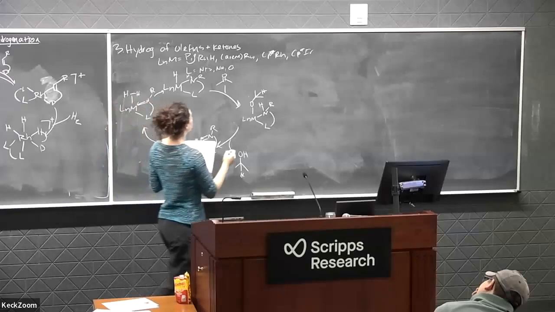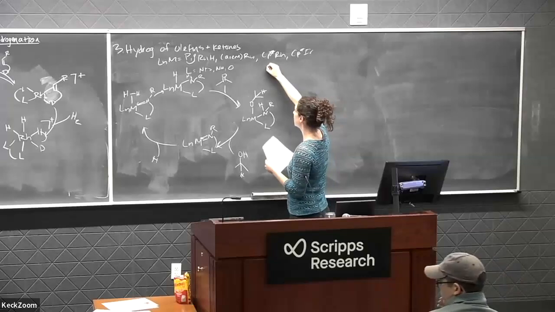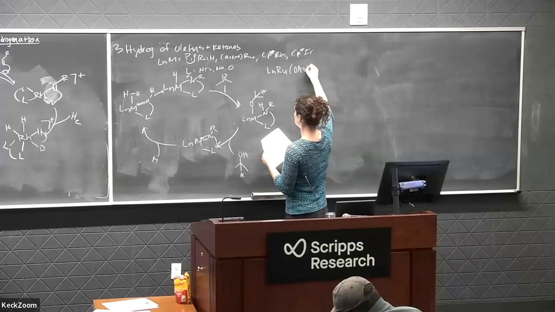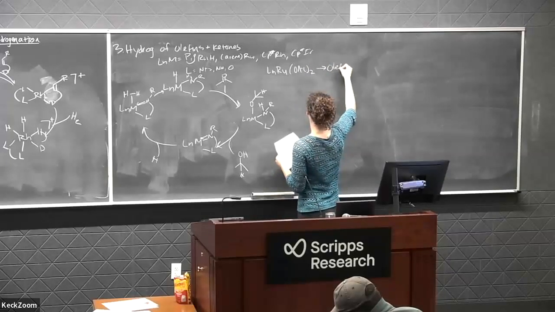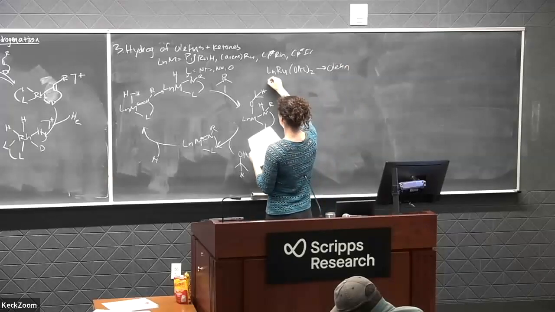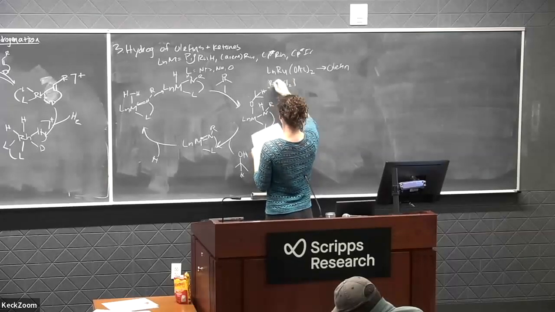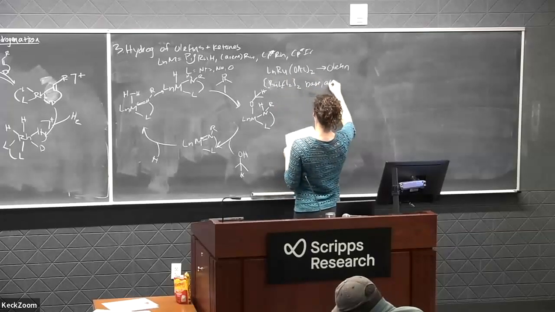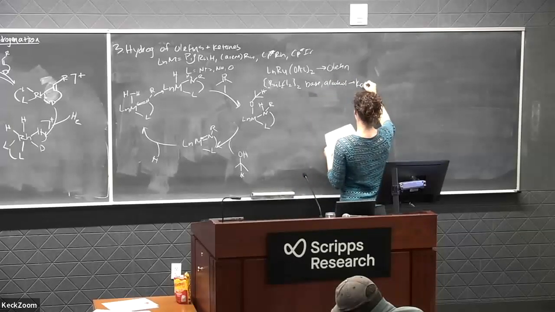So the way that this can be toggled between olefins and ketones is that if we're talking about ruthenium specifically, if it's ruthenium acetate, then it will be olefin hydrogenation, and if it's a ruthenium chloride dimer in the presence of base and alcohol, then this will perform ketone hydrogenation.